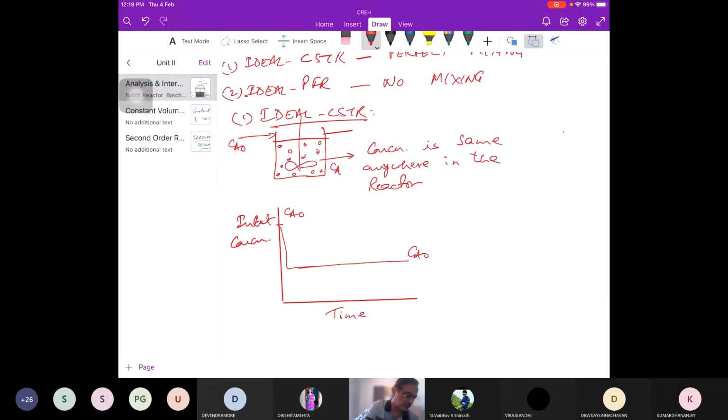Almost immediately it will drop to CA, the outlet concentration. Oh, sorry, this is CA. So the reaction takes place essentially at the outlet concentration.